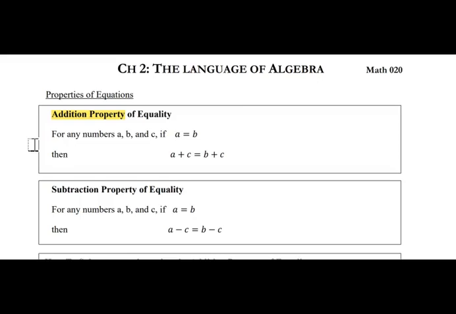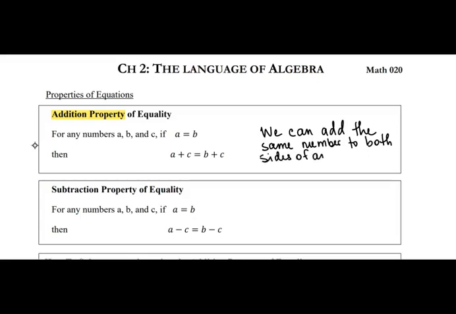So in simple words, we can add the same number to both sides of the equation and keep the equation true.